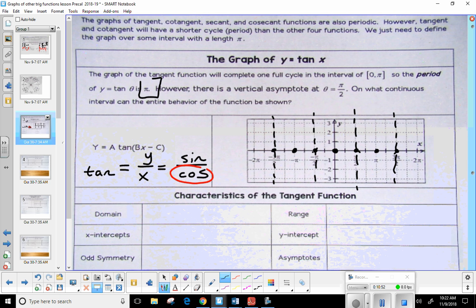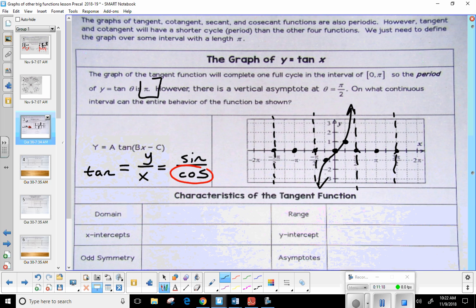Now let's focus on the one about the origin. If you're looking at tangent's parent, which we are right here, the point pi over 4, 1, and the point negative pi over 4, negative 1, will always be on the graph. So that gives me 3 points. This is what tangent looks like. Now remember, I said it's all about patterns, right?